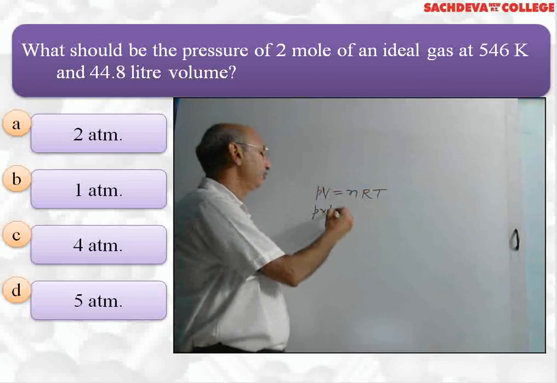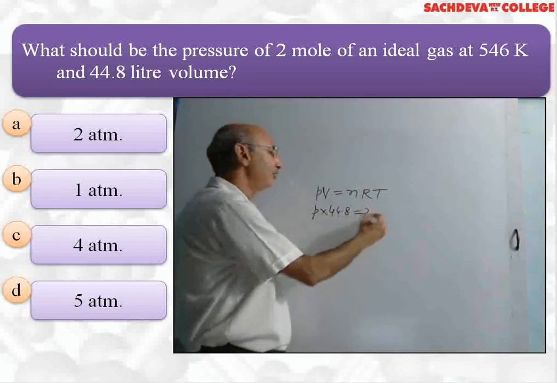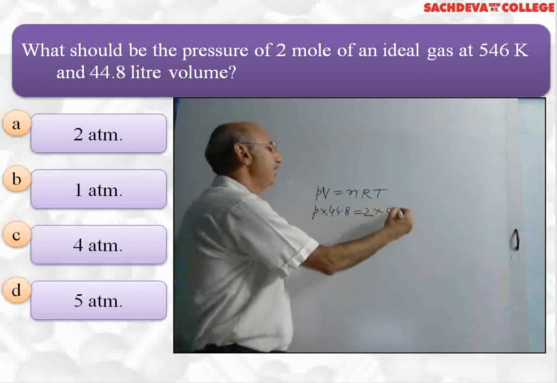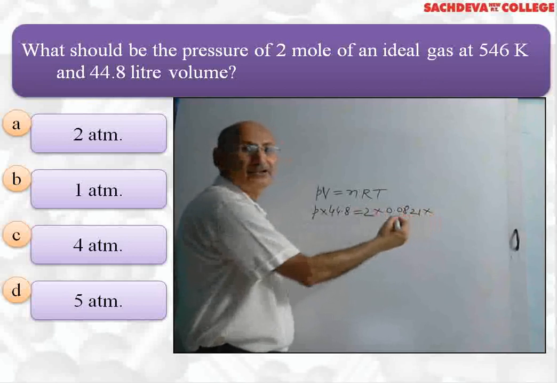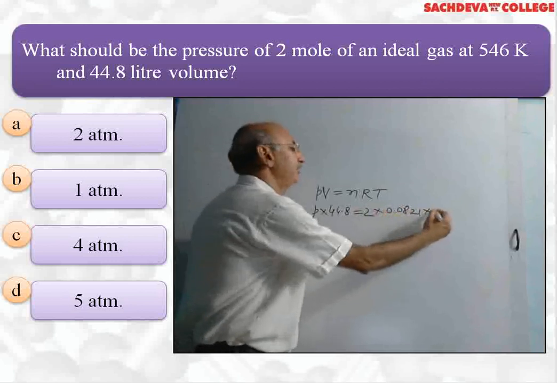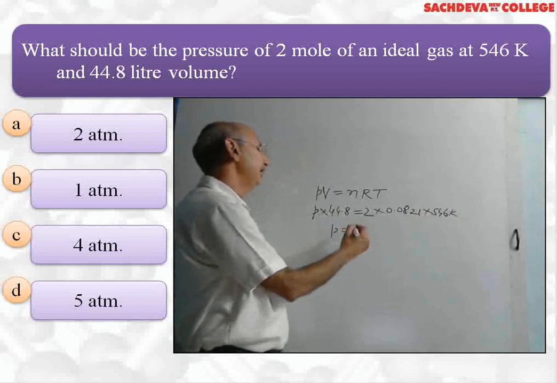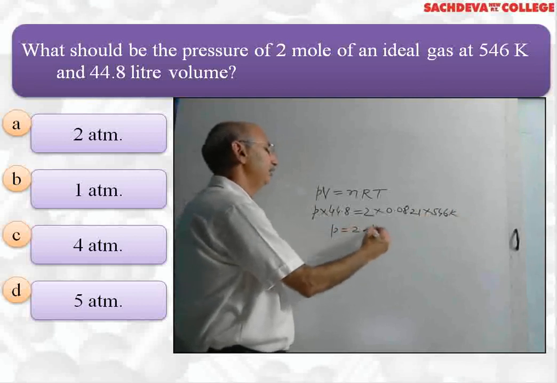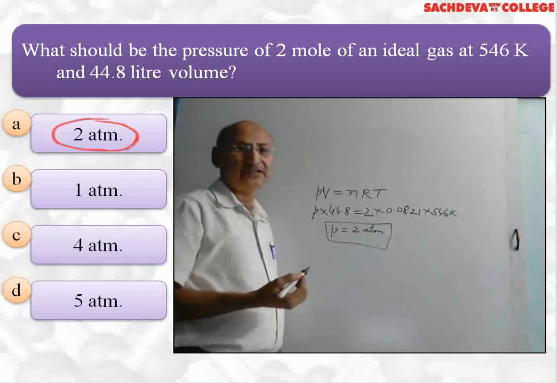Volume is given to be 44.8 liters. Number of moles is 2. Value of R will be 0.0821. Temperature is 546 Kelvin. On calculation, we will get 2 atmosphere. The correct answer is 2 atmosphere. A part is the correct answer.